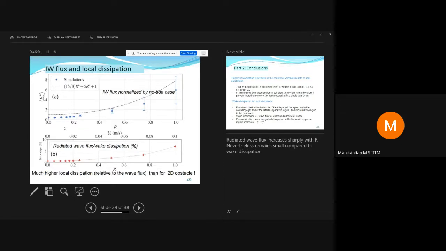That shows that the internal wave flux normalized by the no-tide case increases dramatically as the tide amplitude increases. But nevertheless, the radiated wave flux normalized by the local dissipation of the wave remains very small, 5% or so.